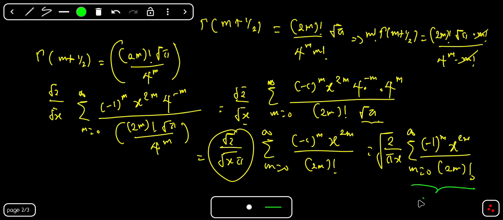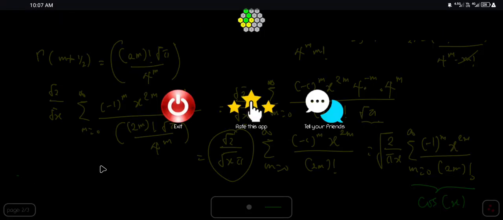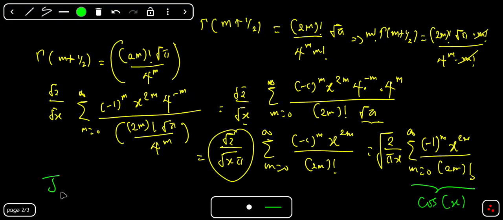This is the summation representation of your cos x. So that shows that the Bessel function of order negative half will surely give us square root of 2 over pi x, then everything multiplied by cos x. That is nice.